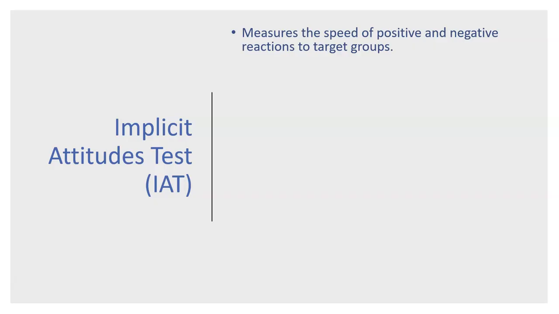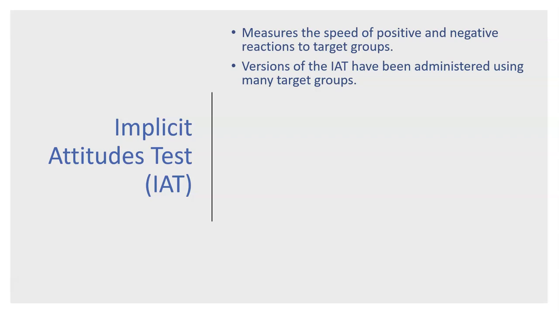What the IAT test does, it measures how quickly you can make positive and negative reactions to various target groups. There are versions of the IAT that have been created for many different target groups, from groups defined by race, by religion, by income, by employment, so their type of career, by disability status, by weight status, by age status, etc. So any kind of stereotyped group that you can think of, there's an IAT for it.